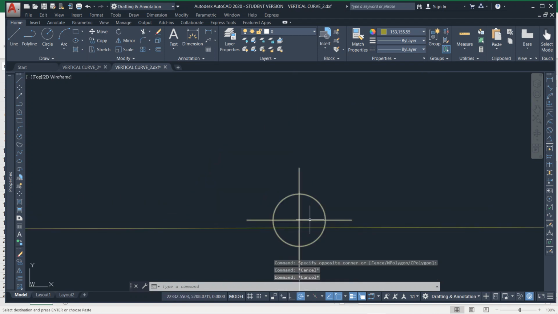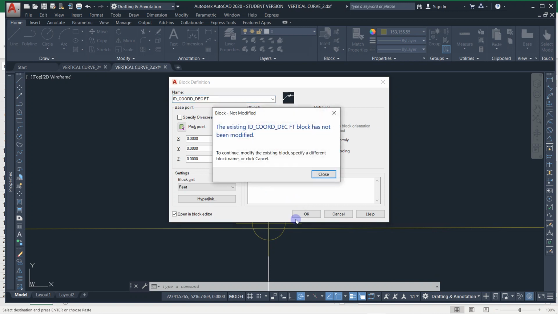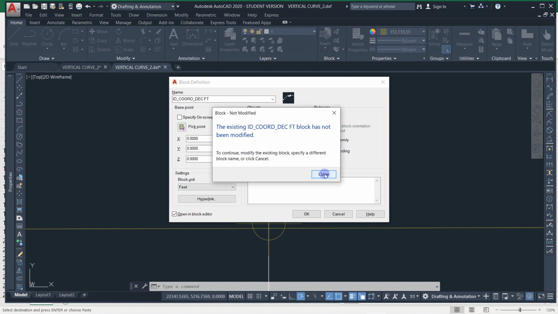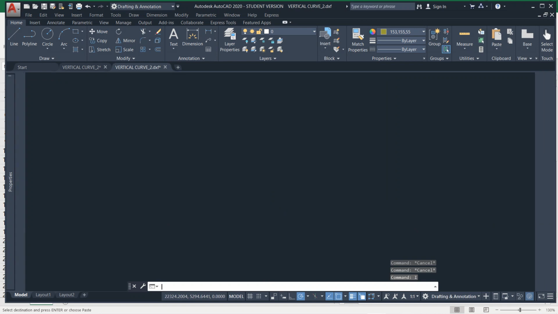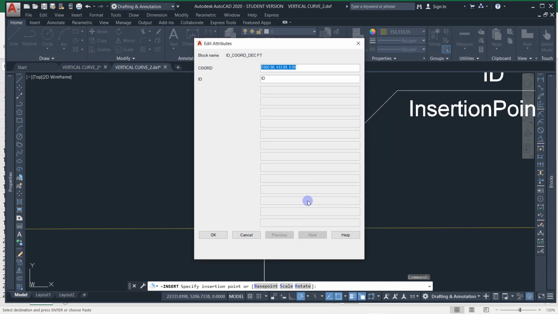So let's do block, and actually enter. Pick the block, right? That block has to be in here already, and I'll just fill it in later. Okay. Different block or name. Yeah, insert, enter, block. I told you I'm just working. So now we have the option, okay, click OK.